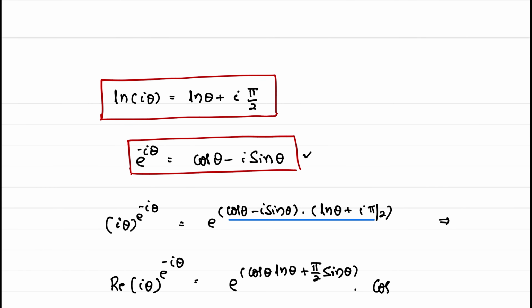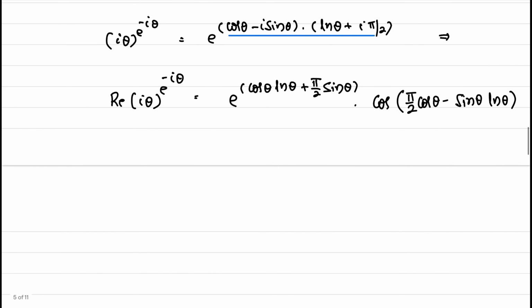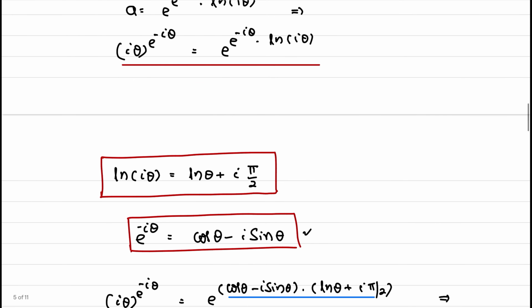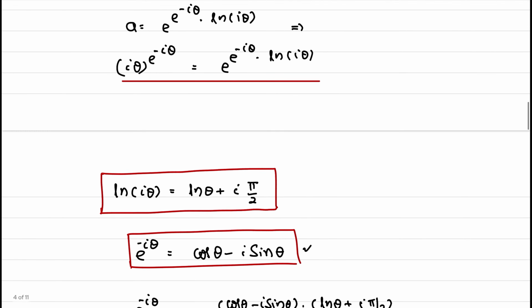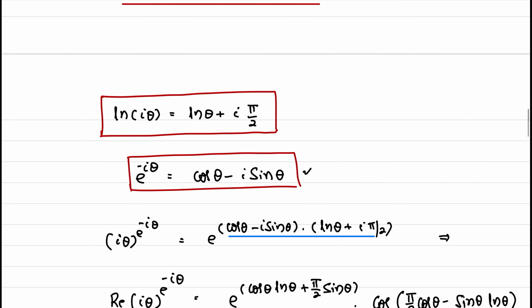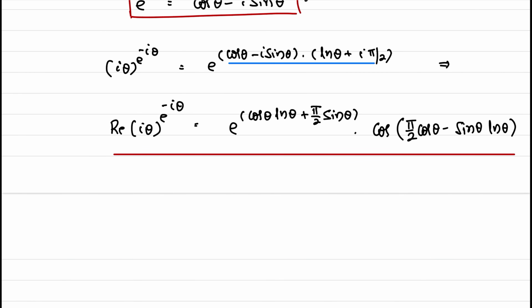This is the real value of this function i theta to the power of e to the power of minus i theta.